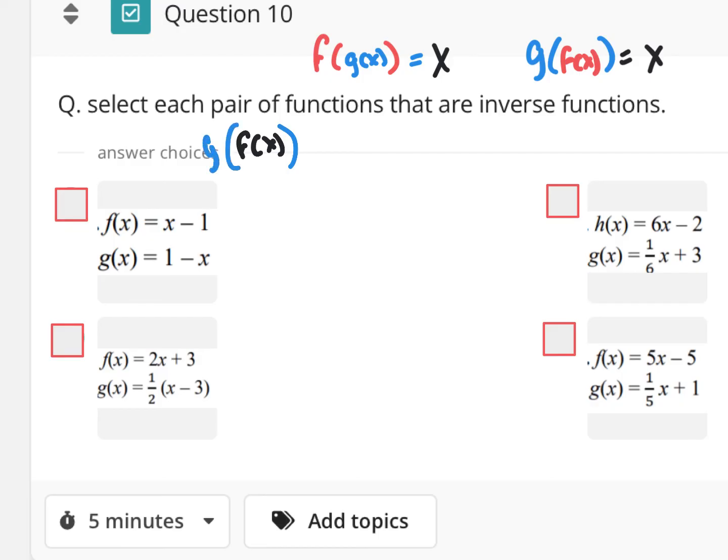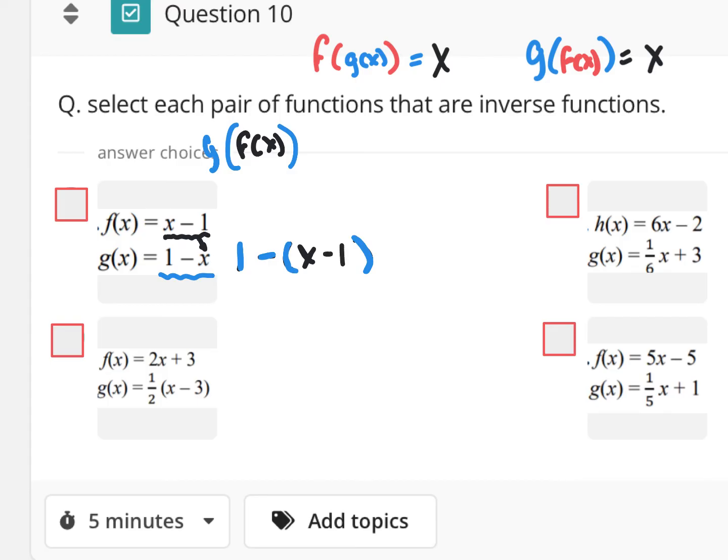That means I'm going to plug this guy into my blue g of x function, and it gets plugged into the x. So that would read 1 minus, and instead of x, you put parentheses. I probably should have done this in blue since I'm looking at my g of x function in blue. And I'm plugging in my black f of x function right in there, which is x minus 1.